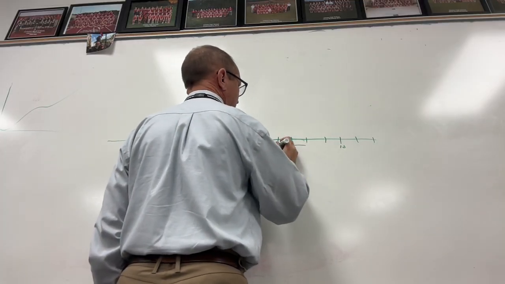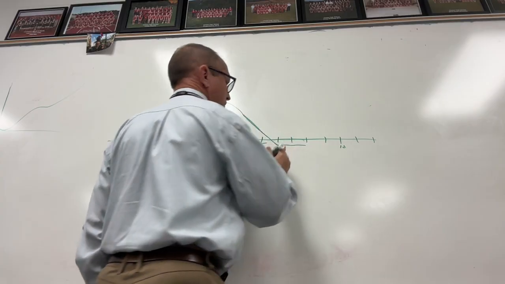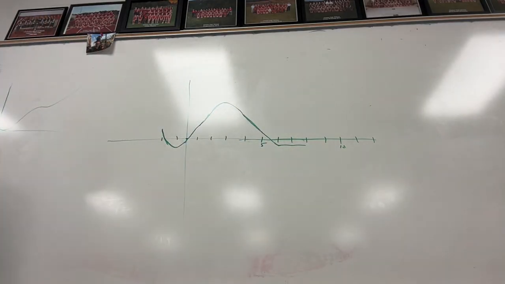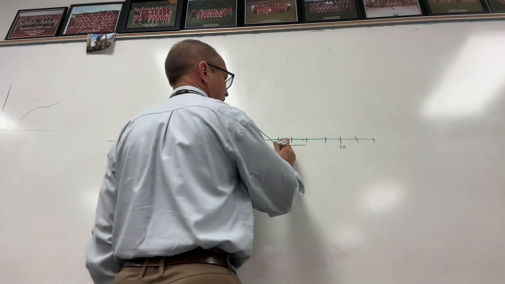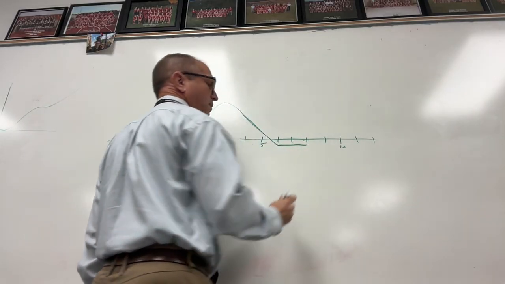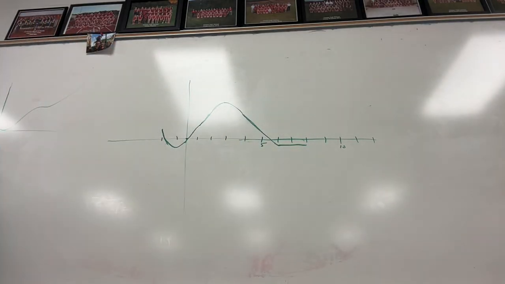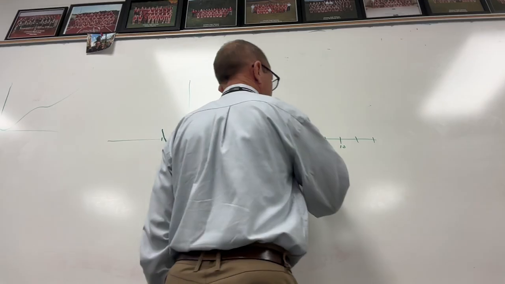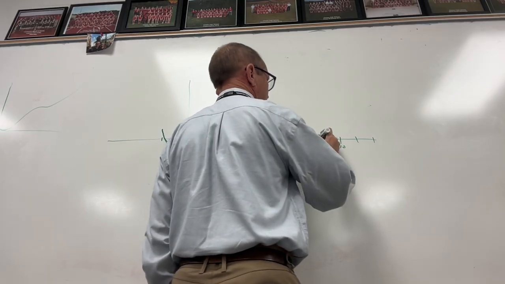Now I kind of have to curve here because it's still differentiable there, so I have to gradually get into it. And then at 8, I start doing what? Increasing. And I increase up to 10, and I get fairly steep at 10.